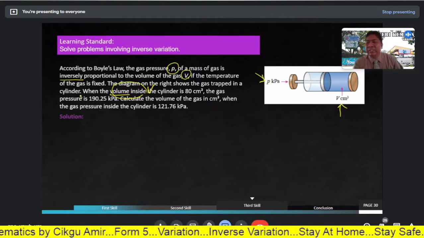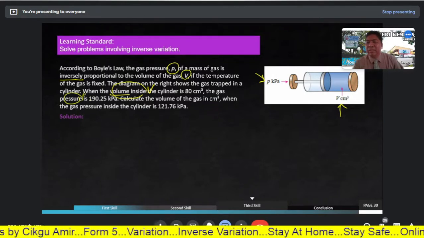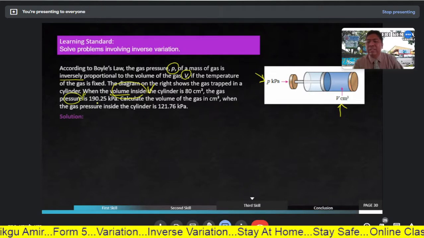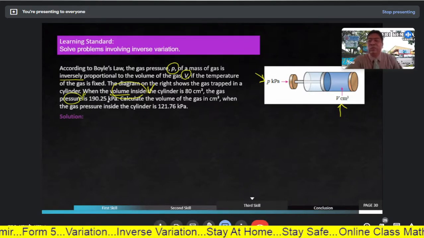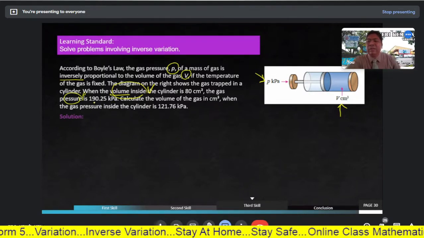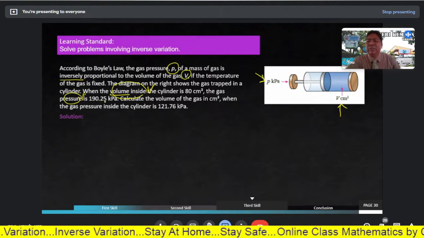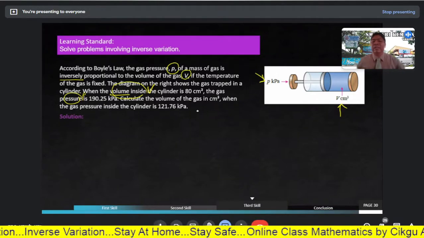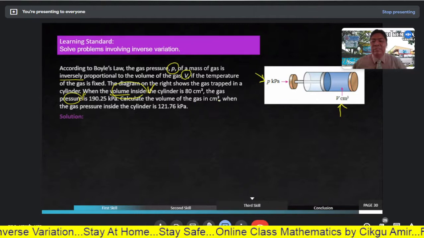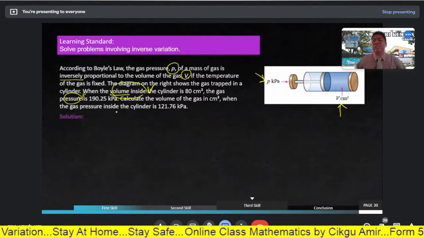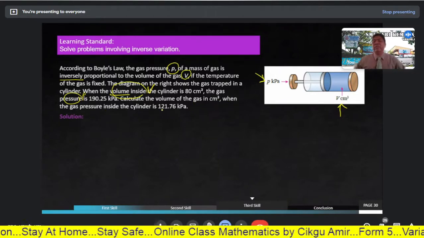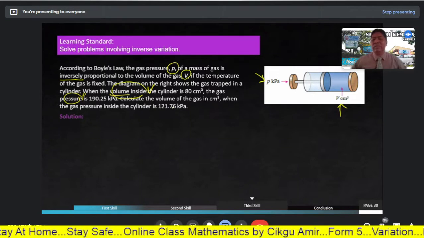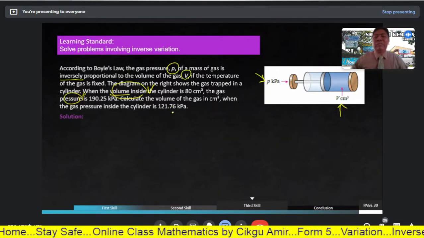The pressure is P, it's 190.25. Calculate the volume of the gas in cm cube when the gas pressure inside the cylinder is 121.76.